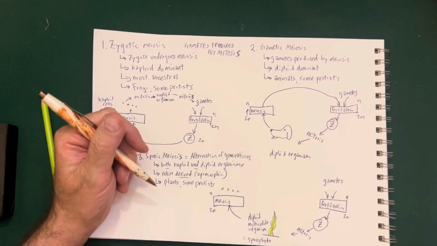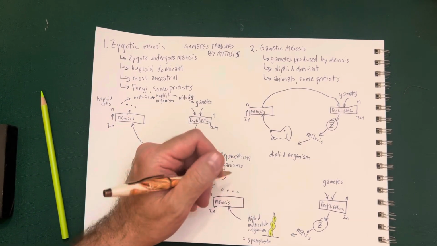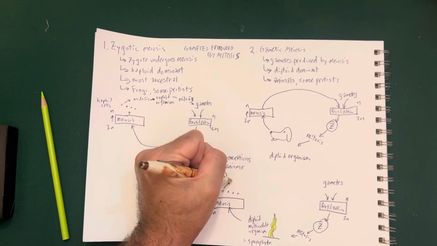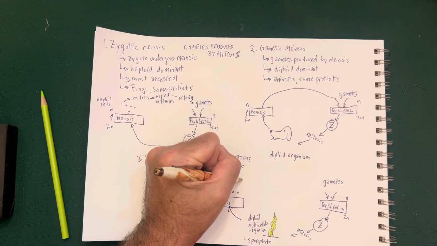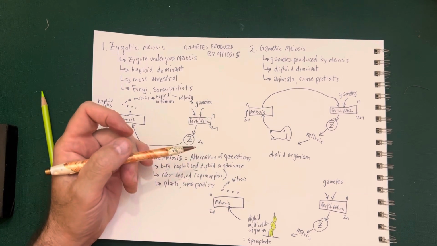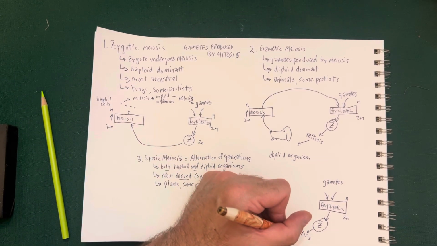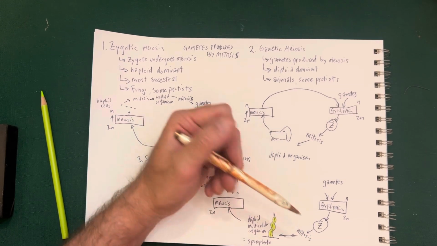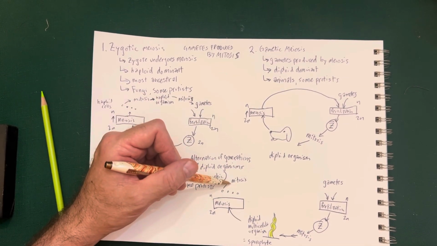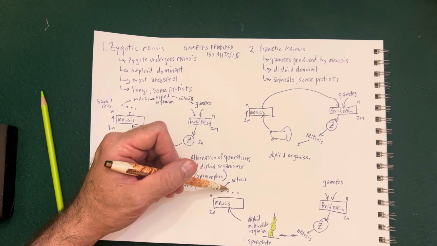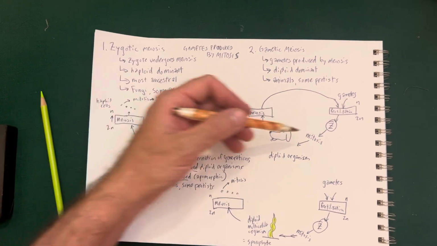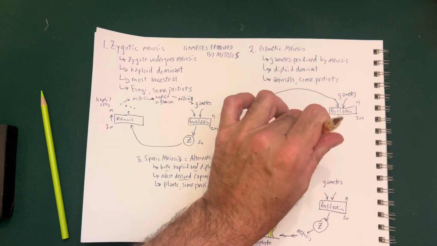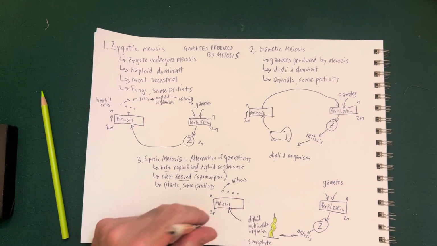So our sporophyte is going to produce spores by meiosis. Those cells, those spores, are going to undergo mitosis. So hopefully now you recognize how this is different. We had mitosis over here from the zygote. We're now having mitosis happening over here with the spores. In these previous two, we either had mitosis on the haploid side or mitosis on the diploid side, but now we're seeing it in both.